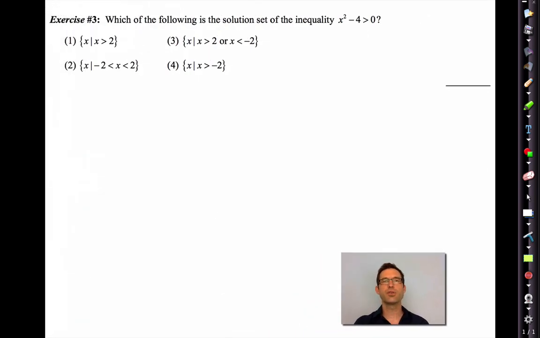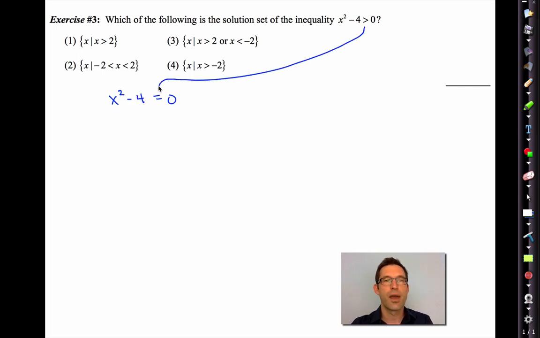Okay, exercise 3. Which of the following is the solution set of the inequality x squared minus 4 is greater than 0? All right. Well, let me just lay out the steps. What I do to solve every inequality algebraically is I first take that inequality and change it into an equality, and I solve it. Now this one's actually pretty easy to solve.